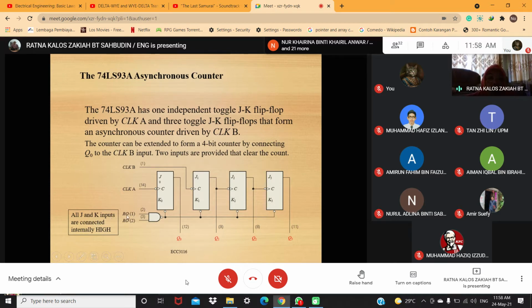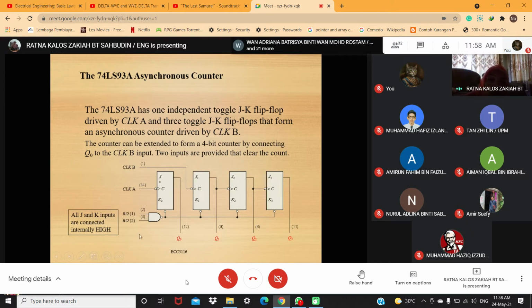Okay, then you have here R01 and R02. R01 and R02 is a gated reset. This is a gated reset input. So when both high, the counter is reset to 0, 0, 0, 0 state, or it becomes clear.